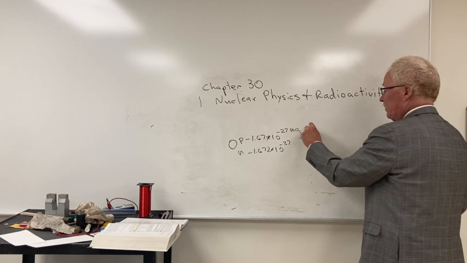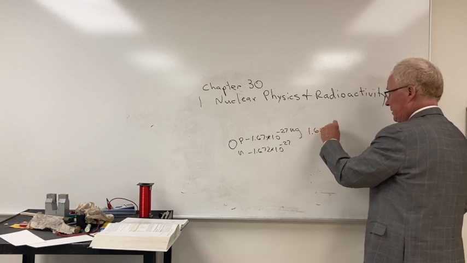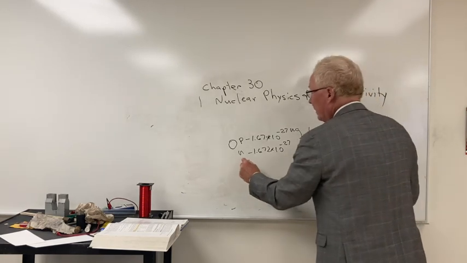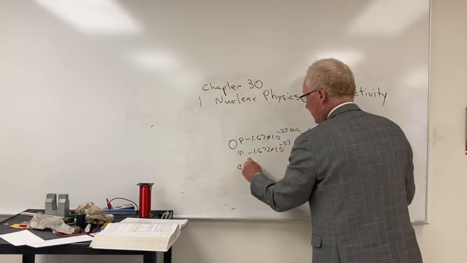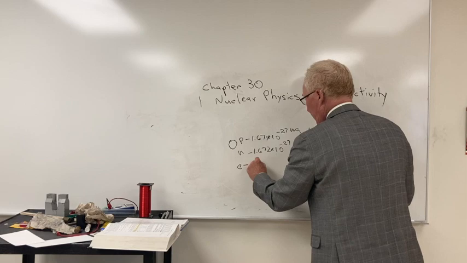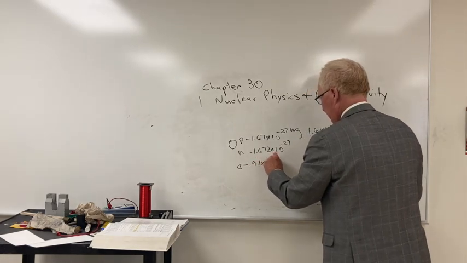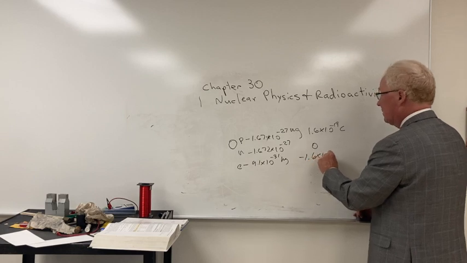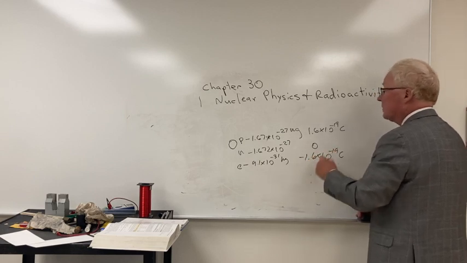The proton has a charge of 1.6 times 10 to the minus 19th coulombs, and a neutron has 0. The electron is 9.1 times 10 to the minus 31st kilograms, with a charge of minus 1.6 times 10 to the minus 19th coulombs.